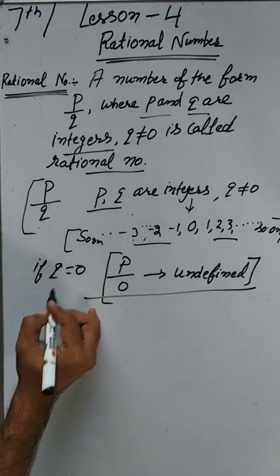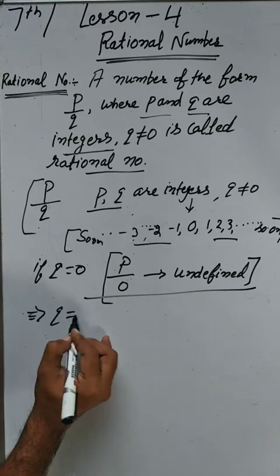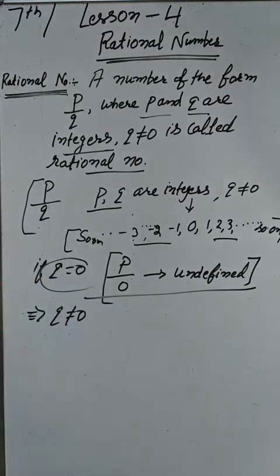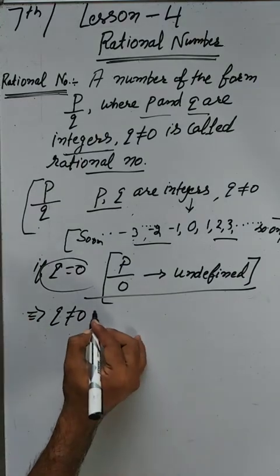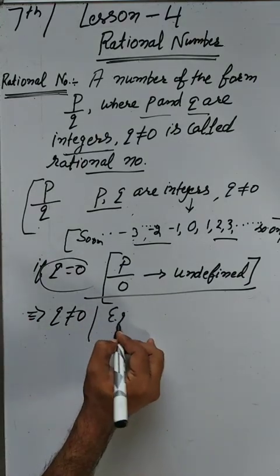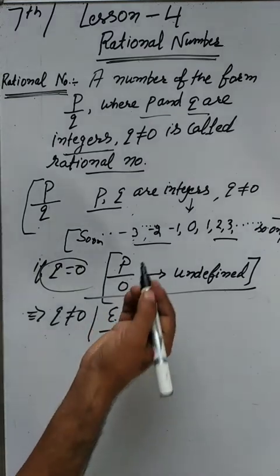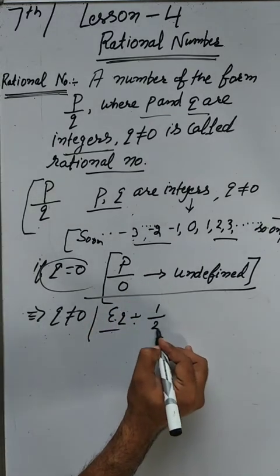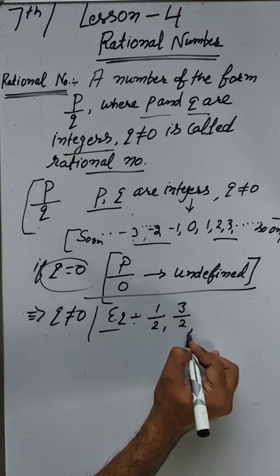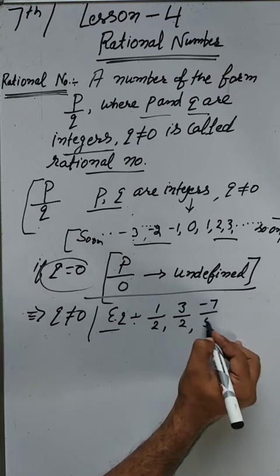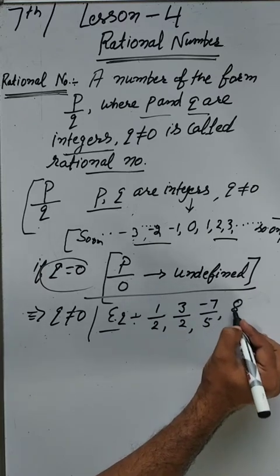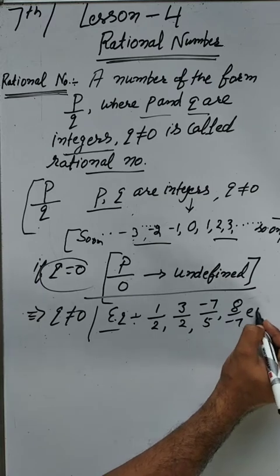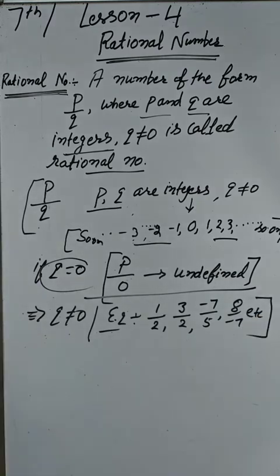So Q should not be equal to 0. Clear, beta? These types of numbers are called rational numbers. Now you can easily write examples. For example, rational numbers I can write 1 upon 2, 3 upon 2, -7 upon 5, 8 upon -7, and so on. These numbers are called rational numbers.